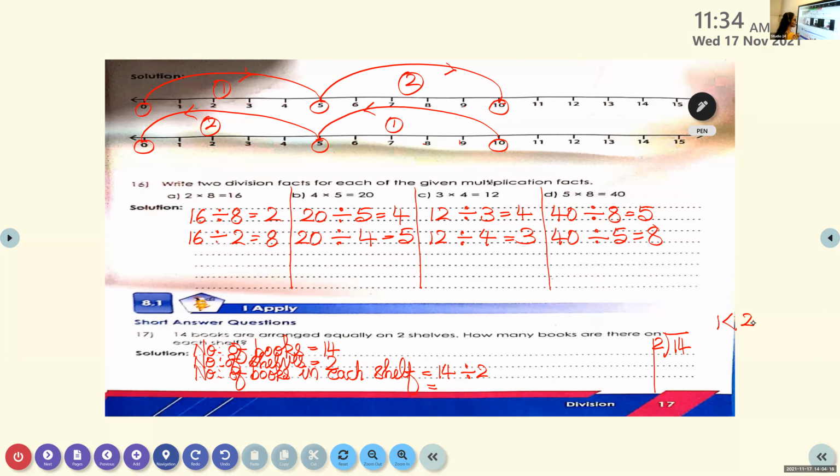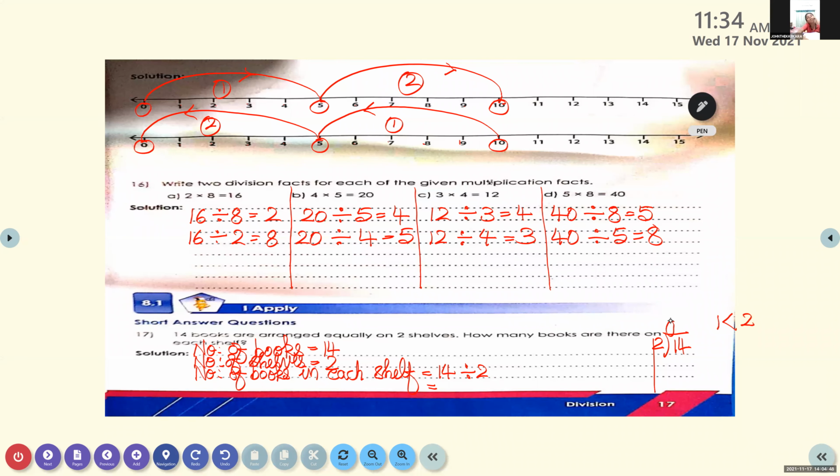The dividend is smaller. So what do you have to do? Put 0. Put 0 on the top of 1 and take the 2 numbers together.